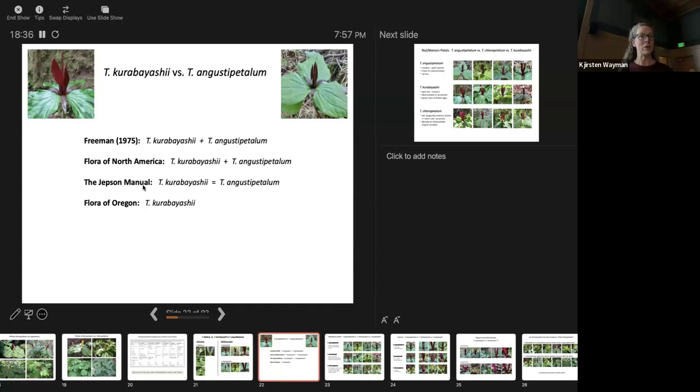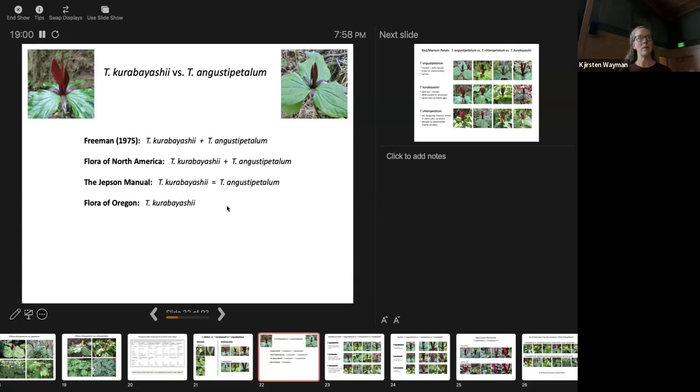The Jepson manual, our California plant manual, does not recognize Trillium kerbiaceae as being distinct from angustipetalum. It only recognizes angustipetalum and calls kerbiaceae just a synonym. Flora of Oregon only recognizes kerbiaceae, and they don't recognize angustipetalum as being a species in Oregon.